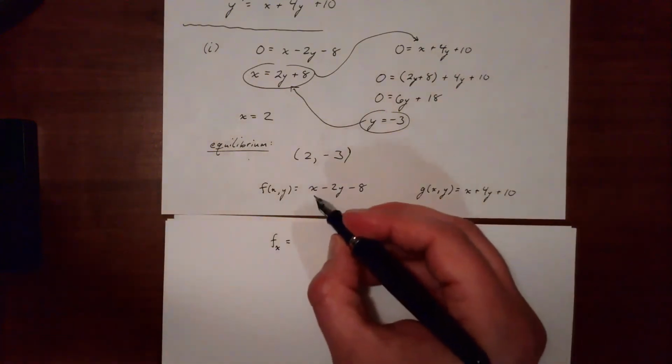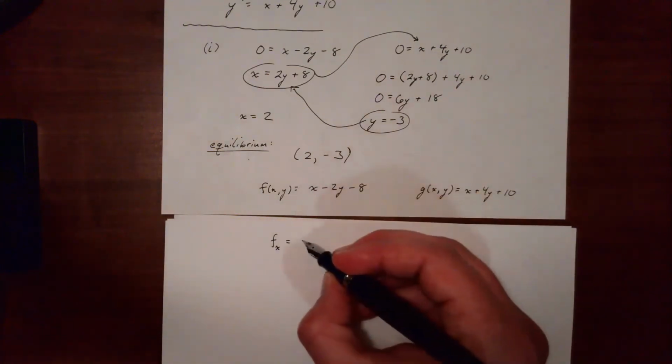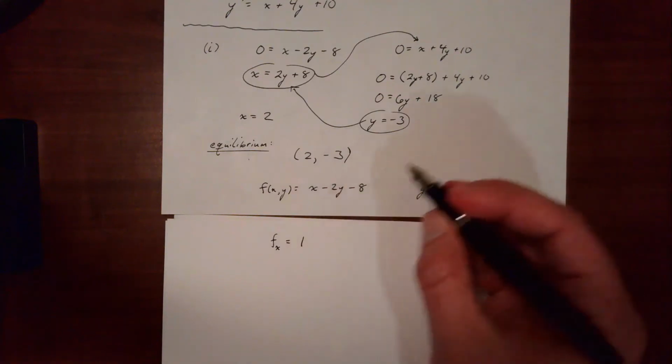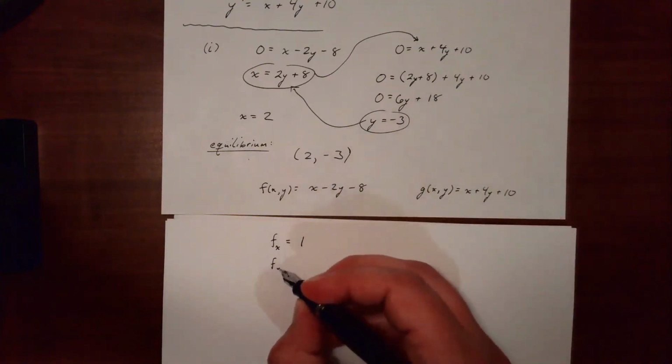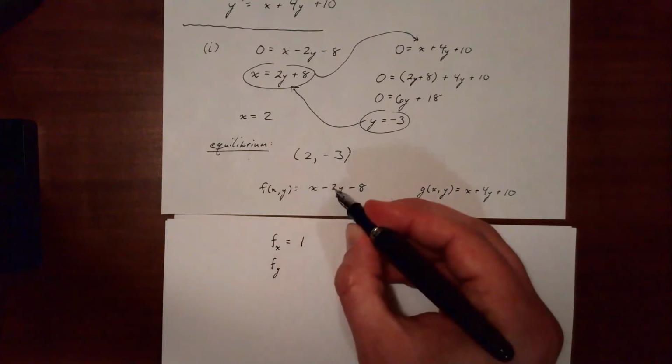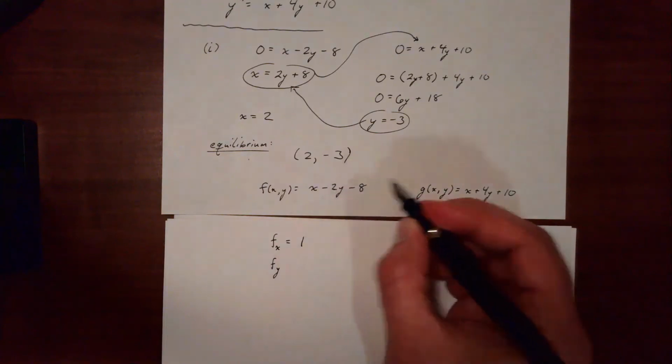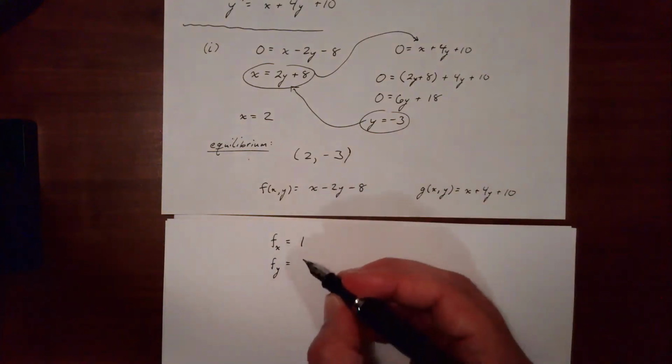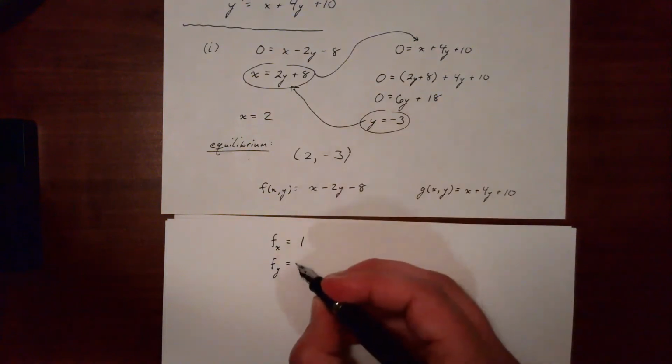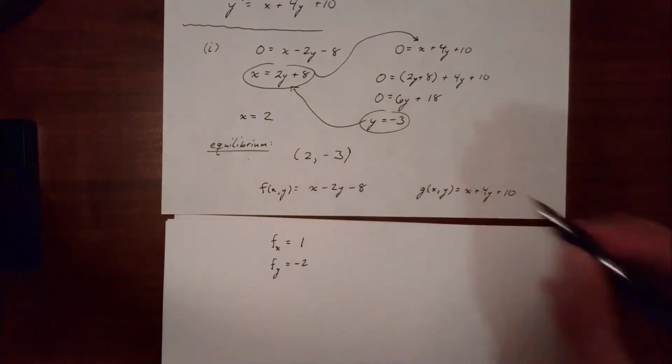So fx is 1 plus 0 plus 0, and fy is 0 minus 2 plus 0.